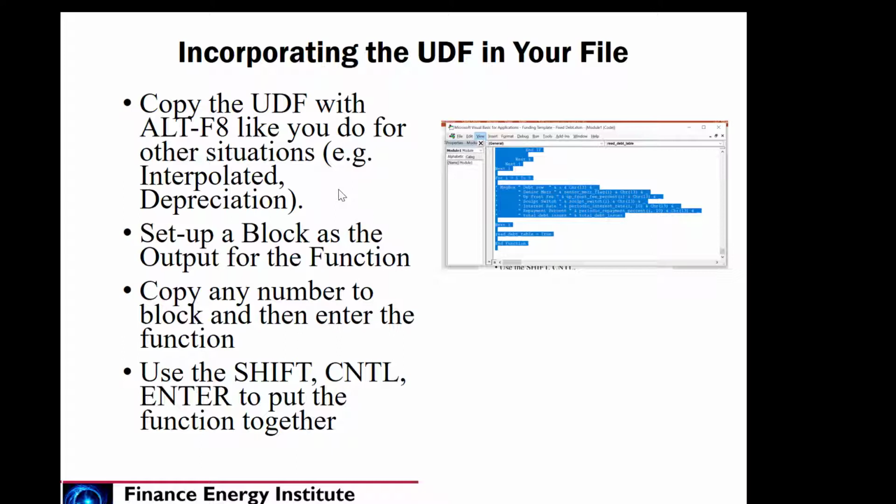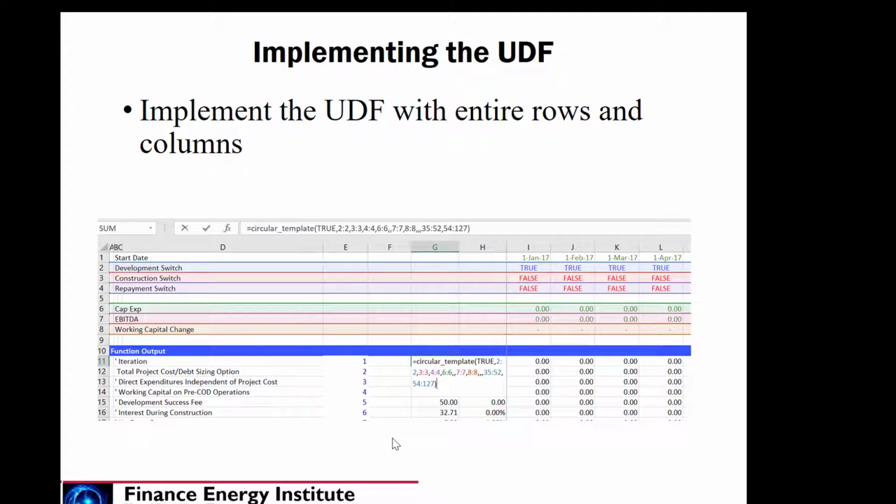You can put add-ins, go to Google and search how to make add-ins yourself. I put it all in one place, and we just press Control A to get the whole thing, then Control C, and then you move to your model.